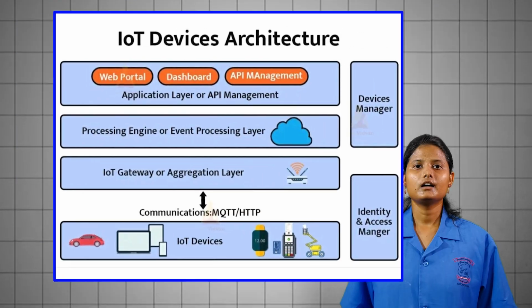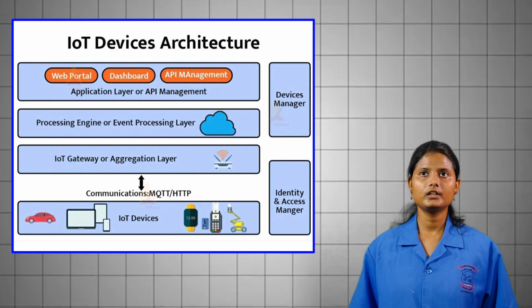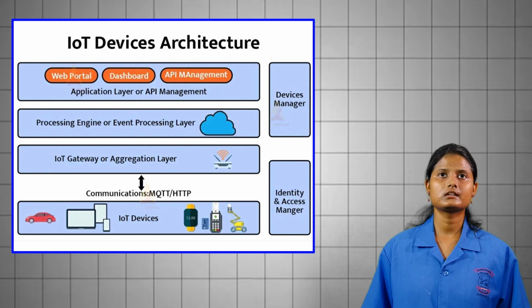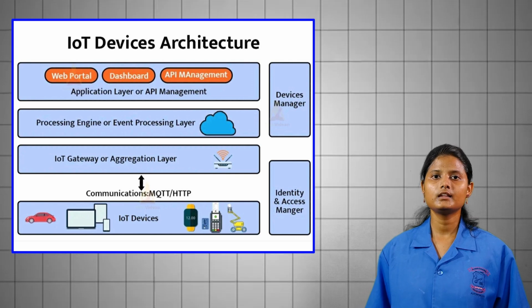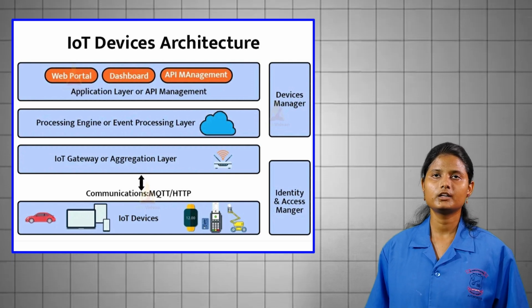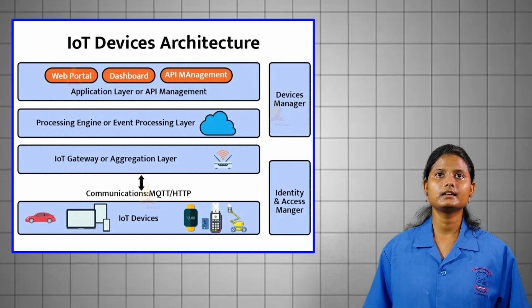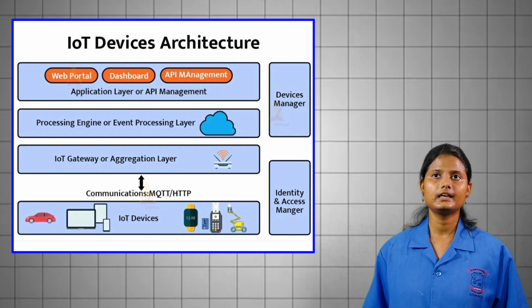Next, IoT device architecture. The web portal, dashboard, and API management are the main sources of IoT architecture. In a web portal, the application layer and the API management are very important for the architecture. And the dashboard has the processing engine or event processing layer.